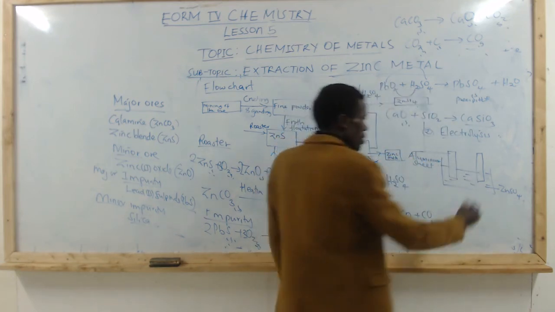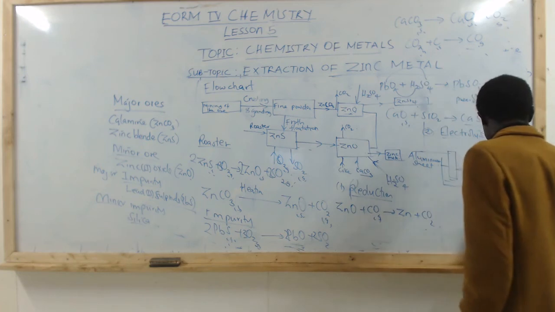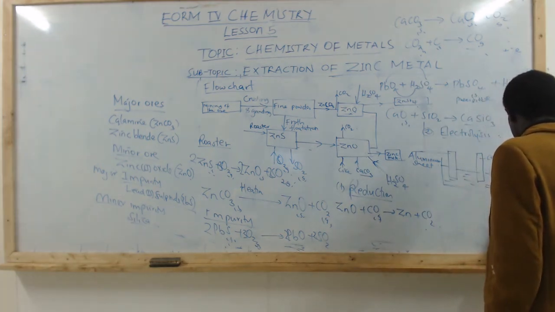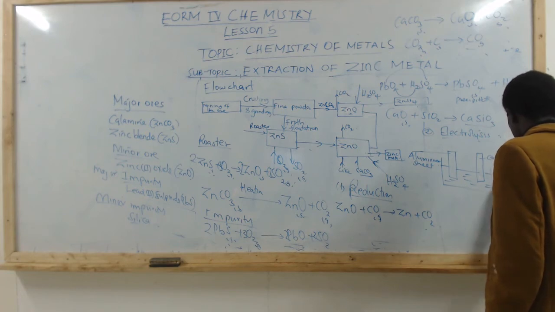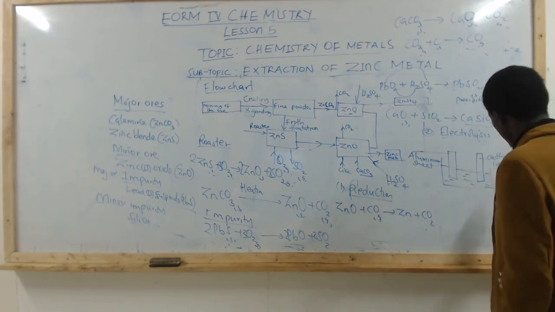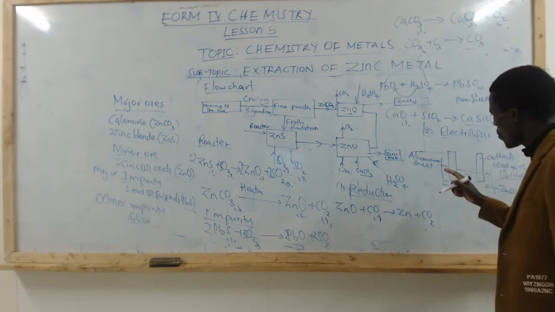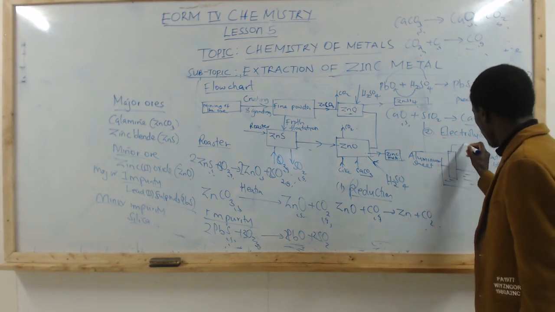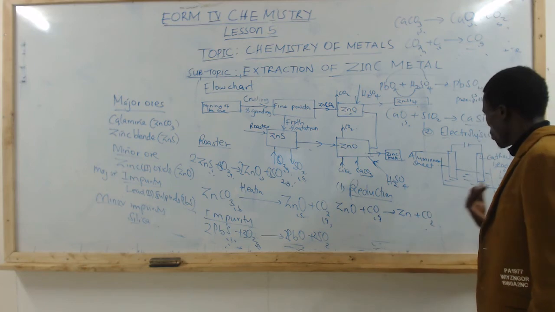And then the cathode is lead with 1% silver. Mark this one clearly. The cathode is made of lead with 1% silver. The anode is aluminum sheet. And then we have current. So electrolysis will take place.